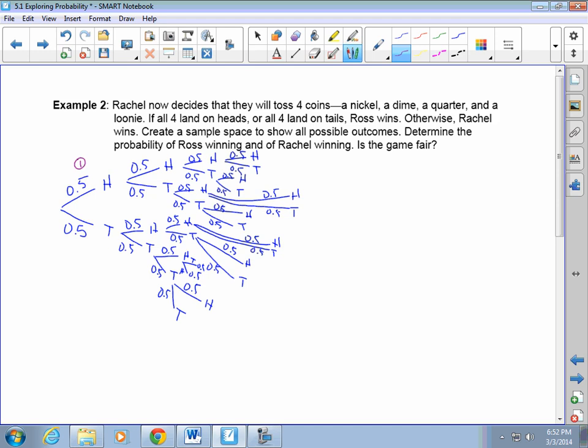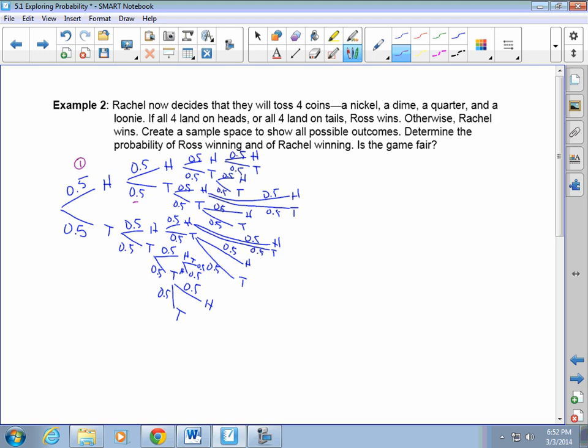Then the second coin toss, if they tossed a heads, their next coin would have been heads or tails. But if they had tossed a tails, then the second coin toss could have been heads or tails. So that's why each of these branches out. And then for each possible outcome, you have to do a heads or tails from there.